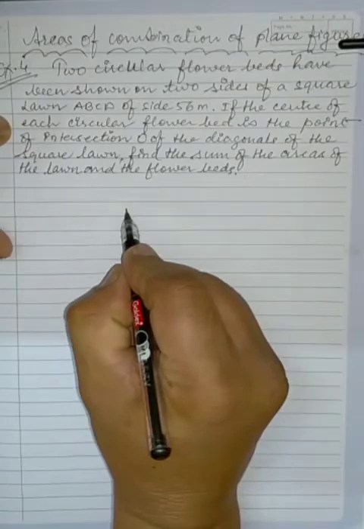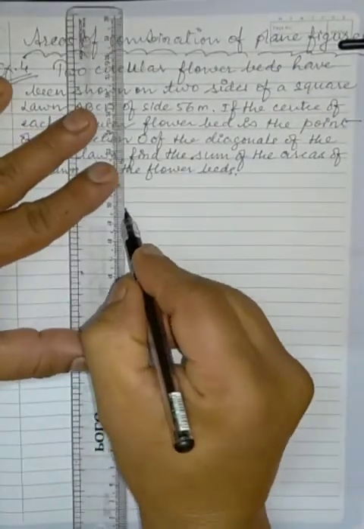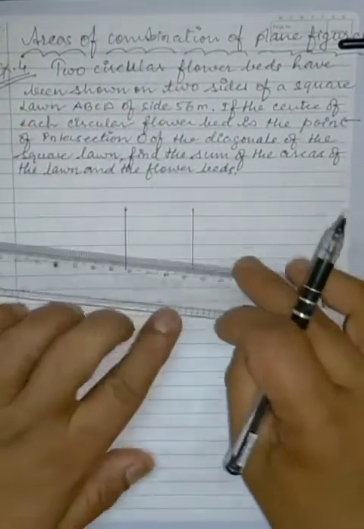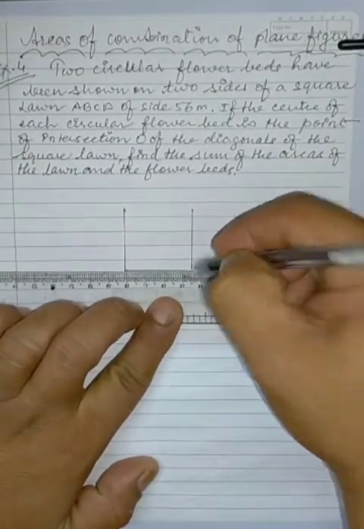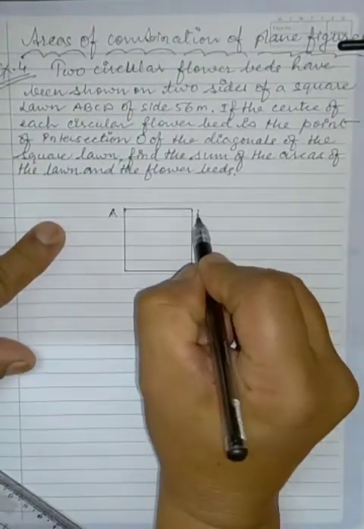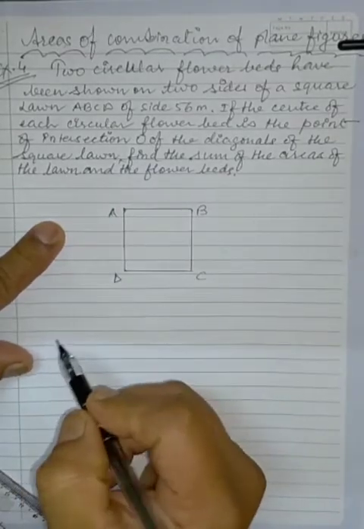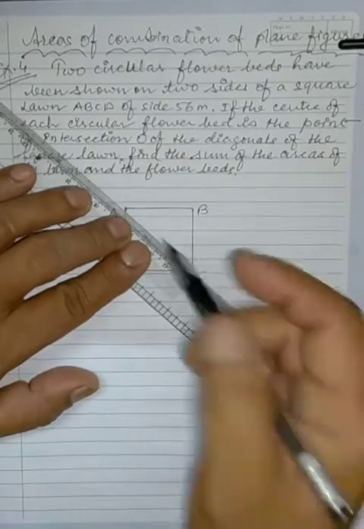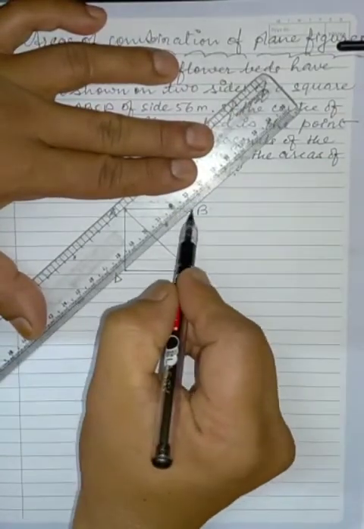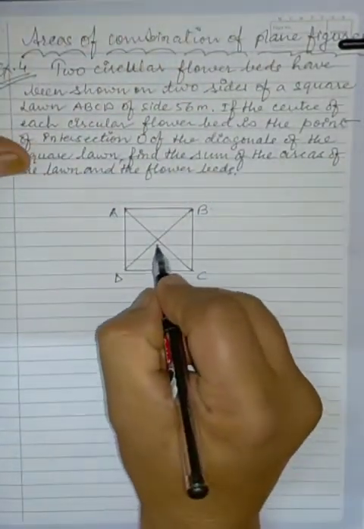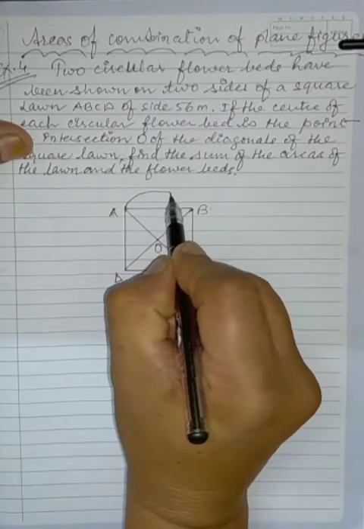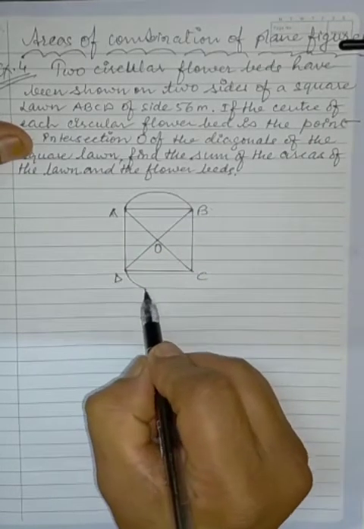First of all, let us draw the figure. Let this be the square field A, B, C, D, and these are the diagonals AC and BD intersecting each other at O, and on two sides of the square lawn two flower beds have been designed.